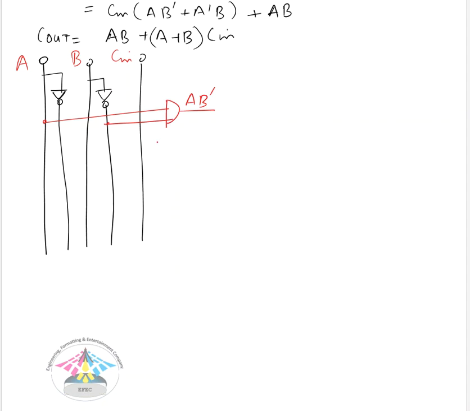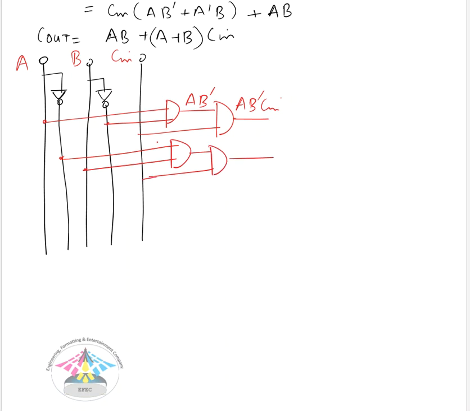And in order to generate the full term, it has to be ANDed with the Cin, so this is AB'Cin. Similarly, the second term would be generated using a similar combination.